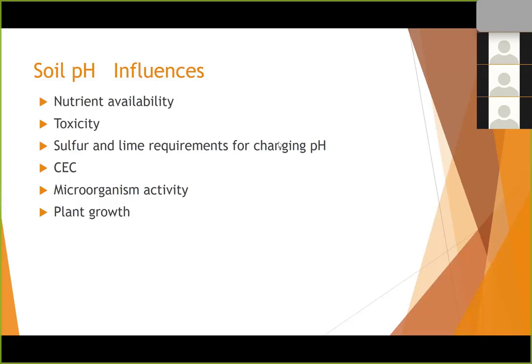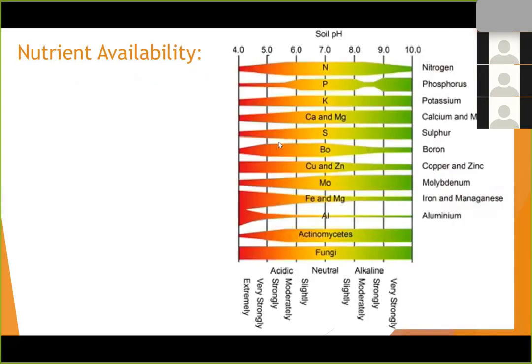And the reason I say that is because when you look at the relative availability of nutrients and where the most are available at a given time, we maximize it around that range. And so this is the sweet spot, not only for plant growth for the most part, but also for nutrients. And it's no coincidence that the plants and the soil evolved that way. It's a synergistic relationship there.